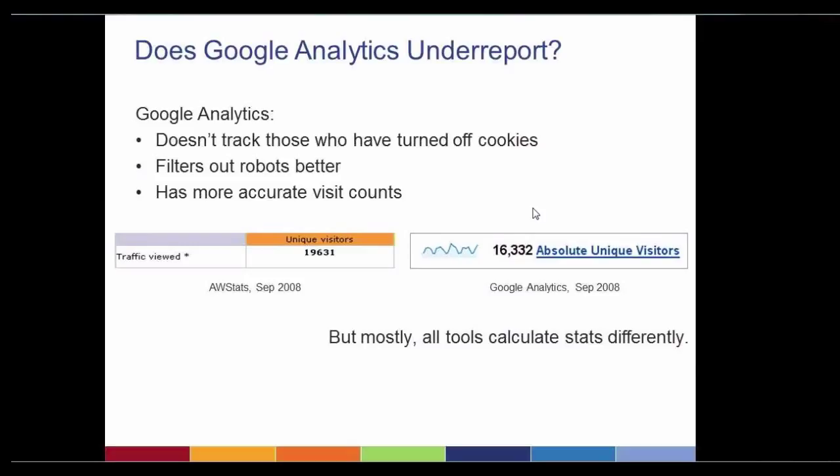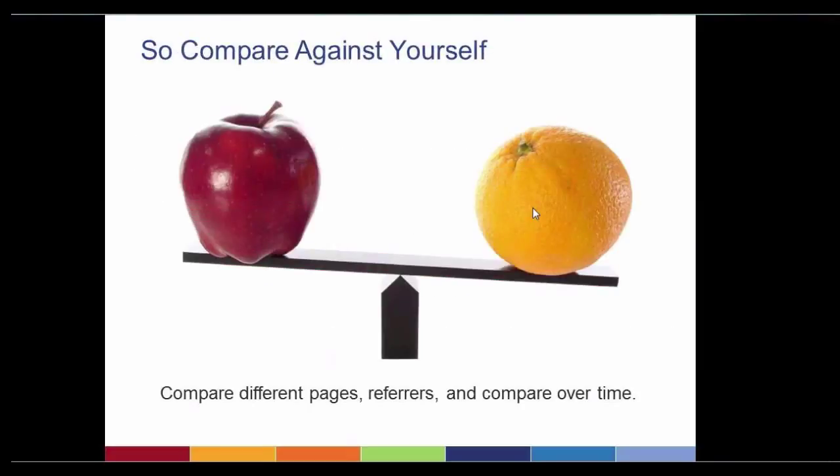This is a question that people ask less than they used to, but people had heard for a long time that analytics underreports compared to other things. And that is potentially true, but like we've said, you can't obsess over what these numbers actually are. In fact, this shows different numbers from a tool called AWStats compared to Google Analytics.